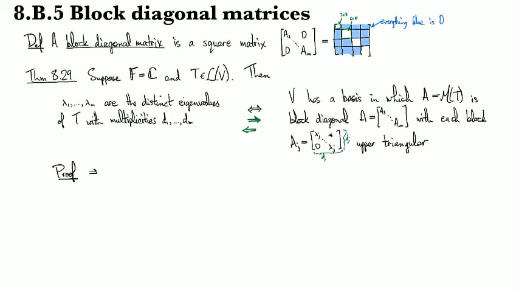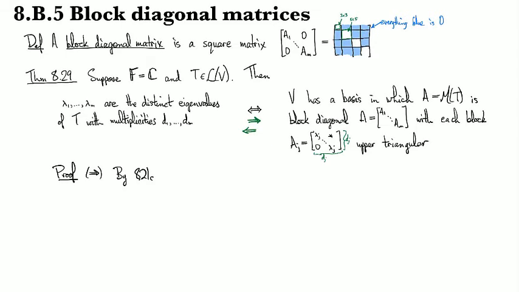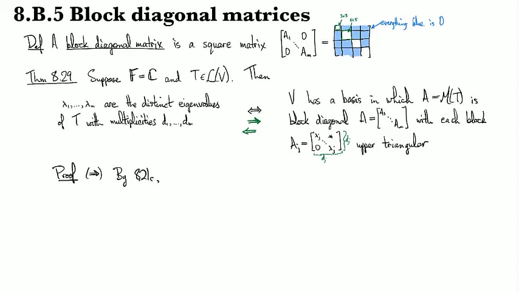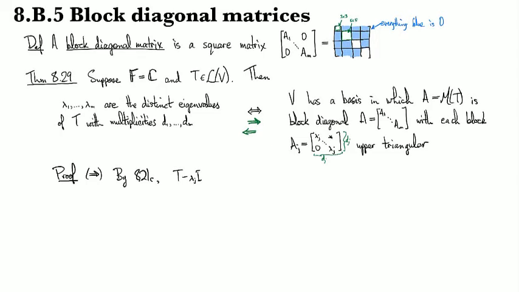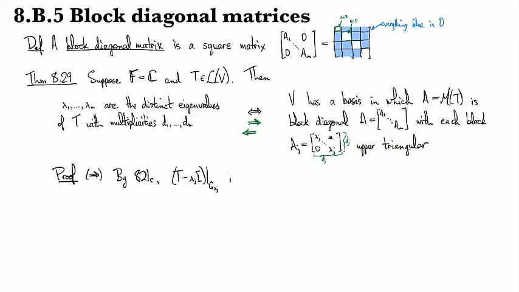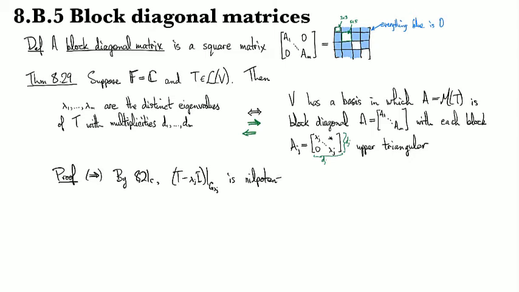For the forward direction, following the book, if we look at 8.21c, our direct sum decomposition of V in terms of generalized eigenspaces, then T minus lambda J I, when restricted to the generalized eigenspace, is nilpotent. That's the third part of that theorem.